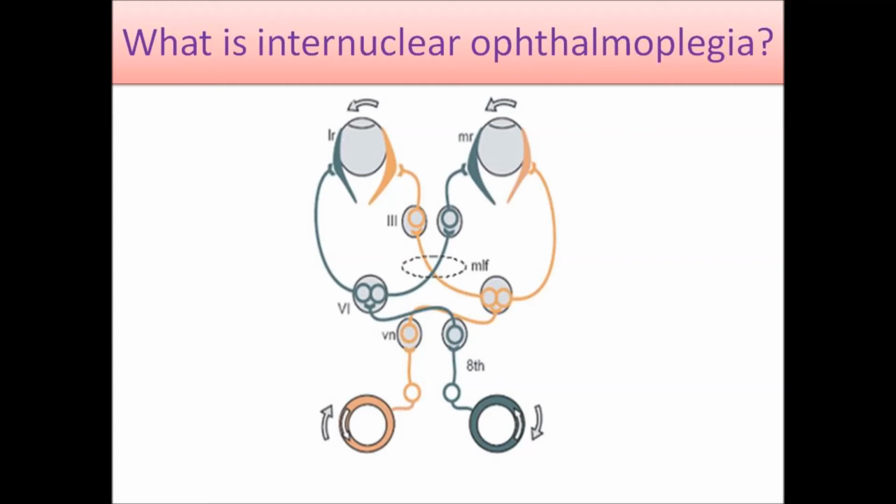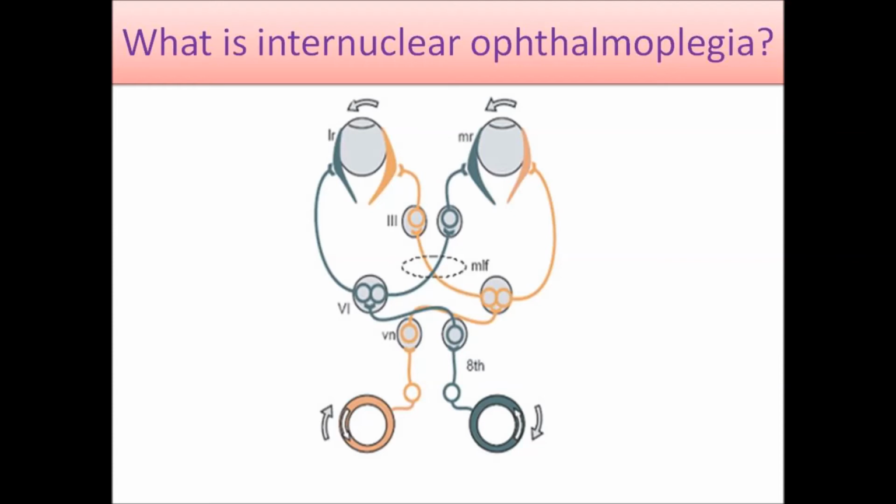You can see in the center of the image the cranial nerve 6. So let's say I would like to turn my eye to the right side.